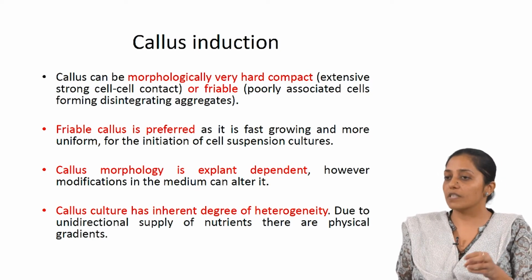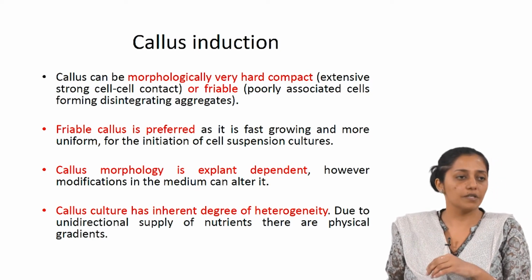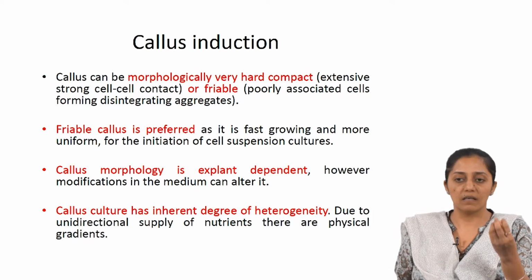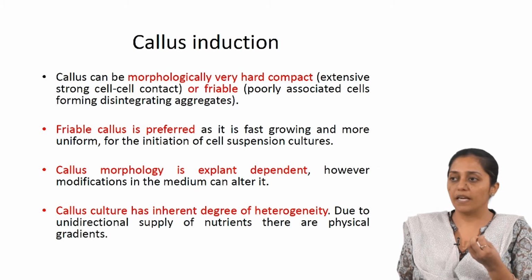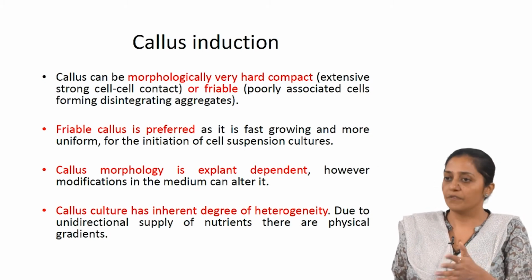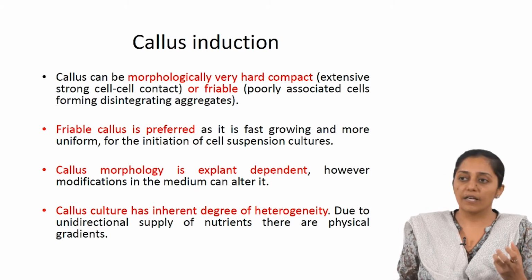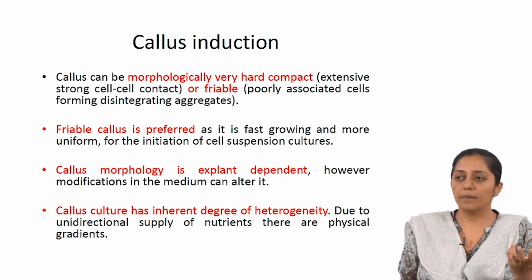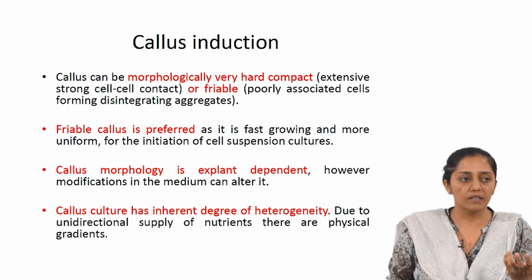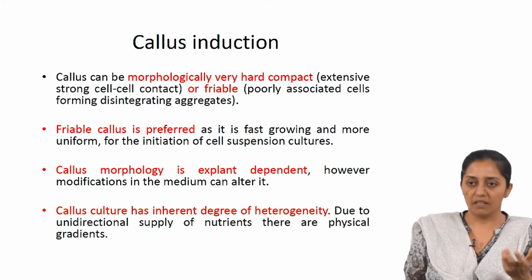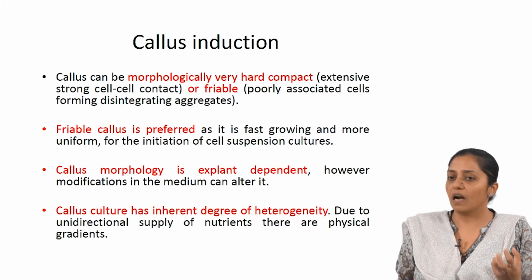Generally, for suspension cultures or in vitro cultures, friable callus is preferred. Friable callus means the cells of that callus should be able to get dispersed easily when given suitable conditions, because hard and compact callus will become limiting. What limitation do you think you can face with plant cell cultivation if your beginning material, which is the callus, is very hard and compact?